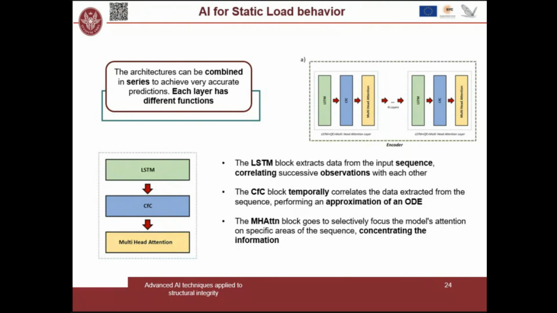So here, technically, it correlates temporally the data extracted from the sequence. And that's really important because, we will see it later, that was a limitation of the long short-term memory: it cannot extract a time relationship, but the CFC layer can allow that.